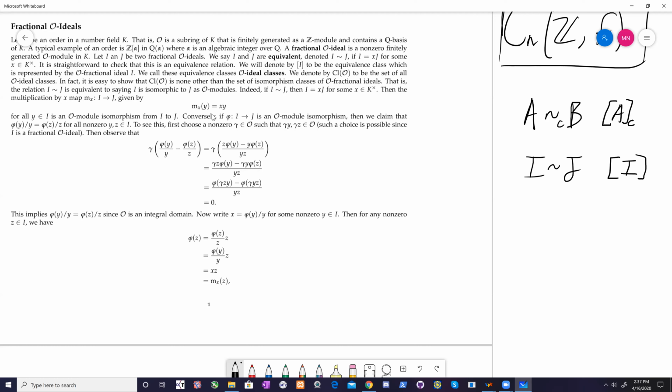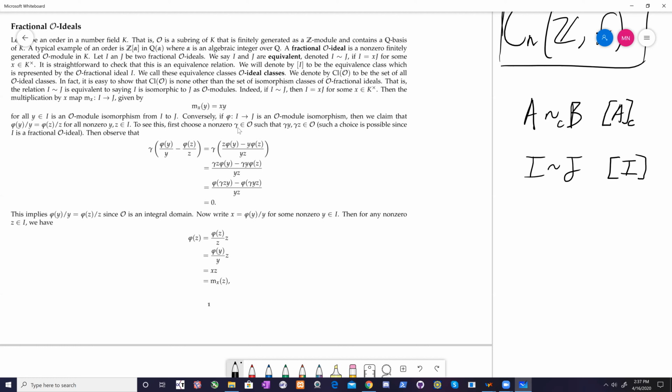The converse says if varphi is an O module isomorphism from I to J, then we first claim that varphi of y over y is equal to varphi of z over z for any non-zero y and z. So first we're going to show this, and we'll show why that will imply varphi is just a multiplication by some non-zero x in K. But first we show this.